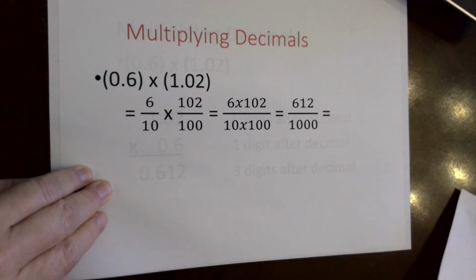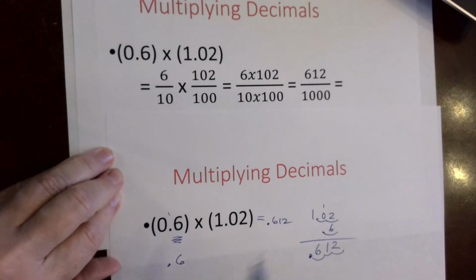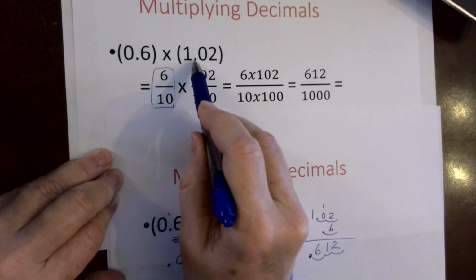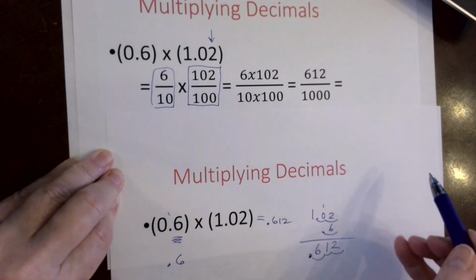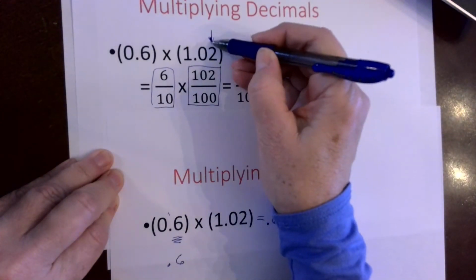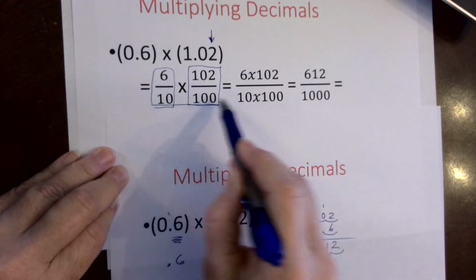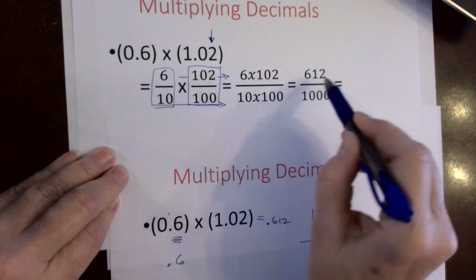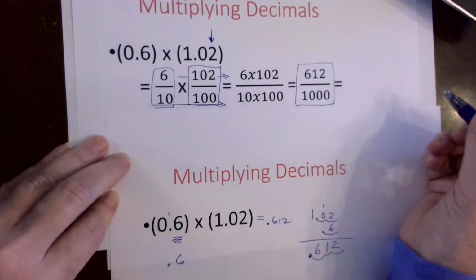Here's another example. Whoops, that's the same example, a different way. You could say that 0.6 is 6/10, because it is. You could say 1.02, ending in the hundredths column, is 102 hundredths, because it is. Well, then you just multiply straight across. 10 times 100 is 1,000. 6 times 102 straight across the top is 612. 612 thousandths is the answer.